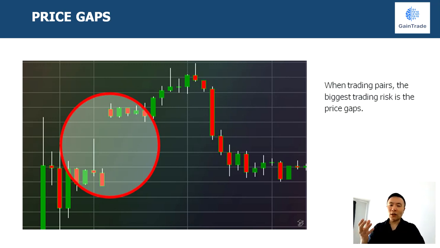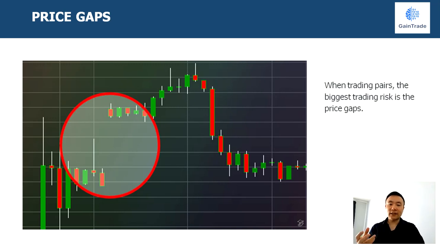So you're probably asking, what's the reason why gaps occur? Generally, it's due to the release of important company news or earnings reports that investors and traders react positively or negatively to. The biggest risk of price gaps is that they could lead to unplanned losses.